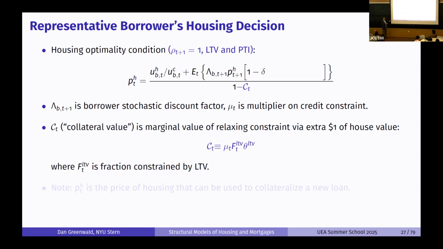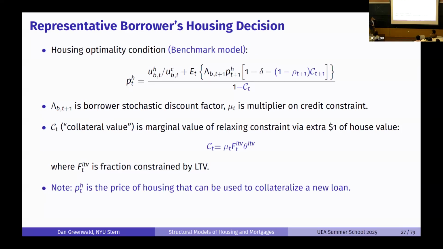So you're going to modulate this term by this F_LTV term, and this is the generalization of what we talked about before. As you move around the limits, you change the fraction of borrowers who are constrained by LTV, and that potentially changes house prices through this F_LTV channel, in a way that you wouldn't get from an LTV limit alone. Then, in principle, I'm going to skip over this.